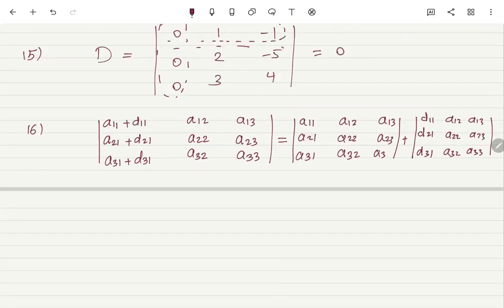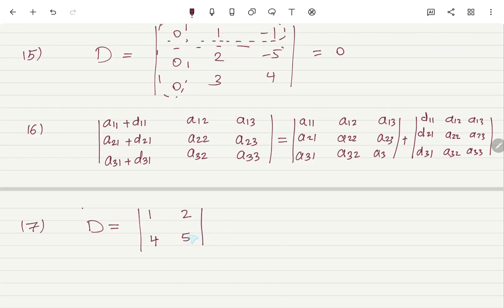Property number 7: adding a multiple of a row or column to another row or column does not change the value of the determinant. As an example, we have here a determinant D: 1, 2, 4, 5.